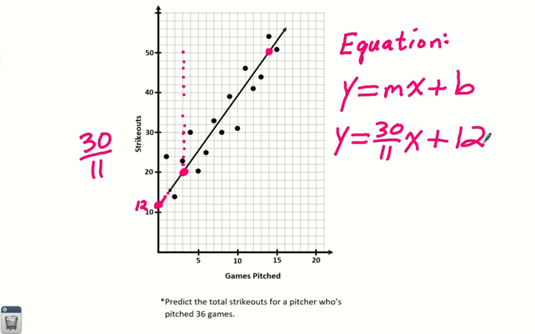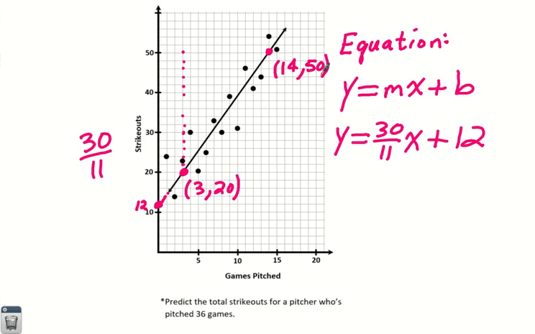So yeah, there's a pretty good equation, but again, it might be in your best interest to go with the strategy from before of taking these two coordinates of (3, 20) and (14, 50) and finding slope with the slope formula and then plugging into point slope form to get our equation.